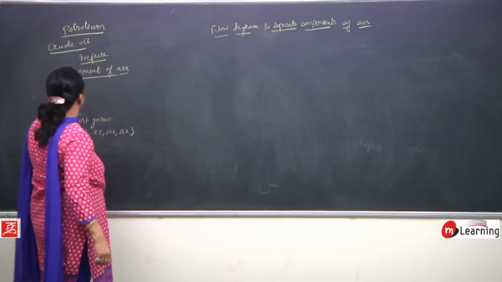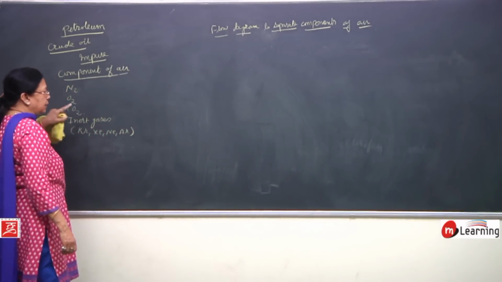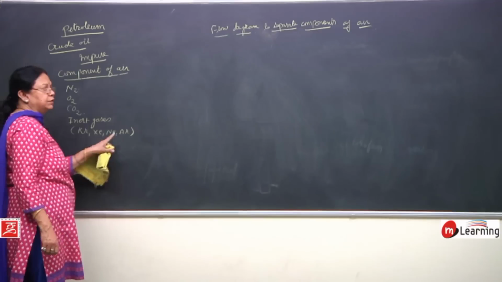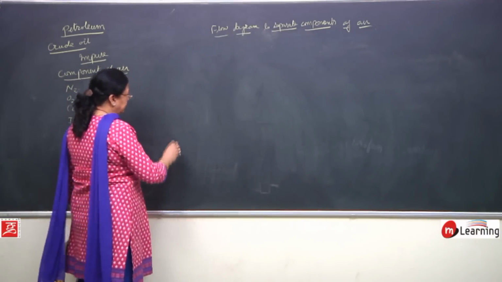Components of air, as I told you, are nitrogen, oxygen, carbon dioxide, and inert gases, and these inert gases are krypton, xenon, neon, argon also, right. So, what is being done here?